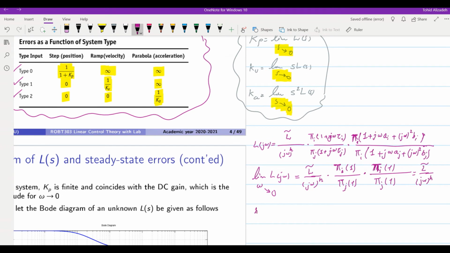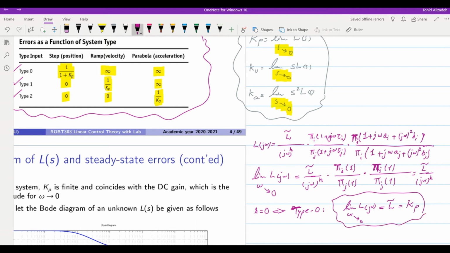Now, if h is equal to 0, we will have a type 0 system. And the limit that we have, limit of L of j omega as omega goes towards 0, will be equal to L tilde, which is equal to Kp.